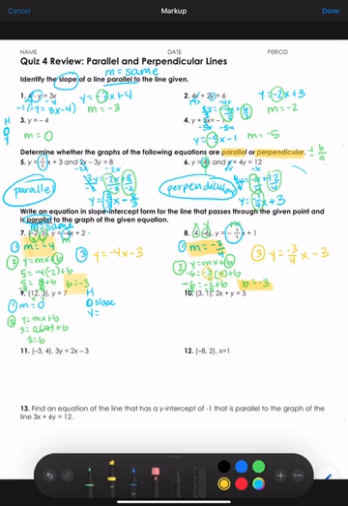So I have slope of 0, 3 is my y-intercept, so my equation is y equals, m is 0, so 0 times anything is just 0, so it's going to be y equals 3.